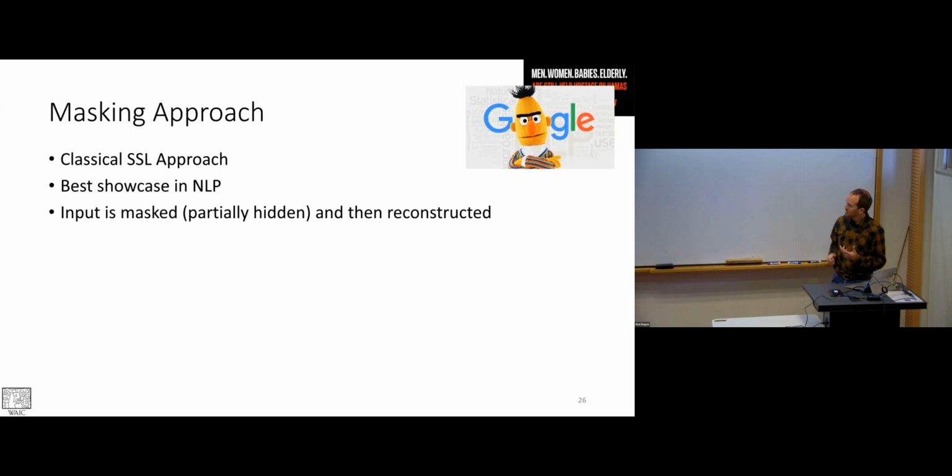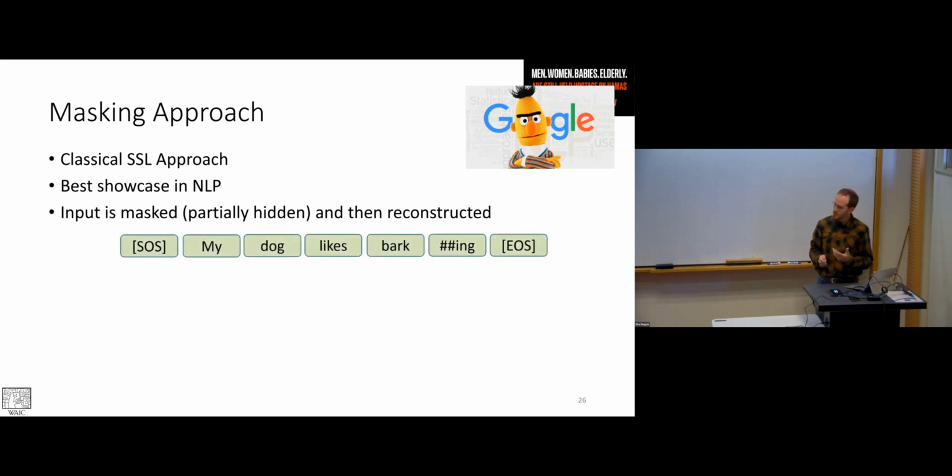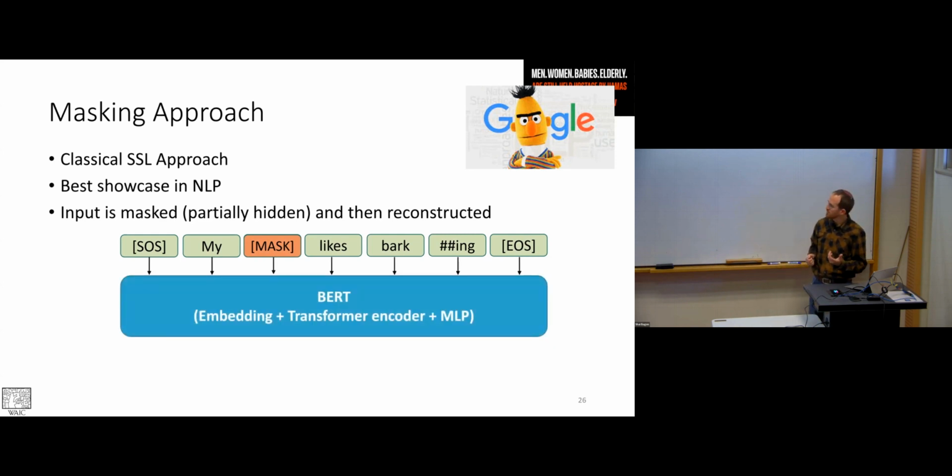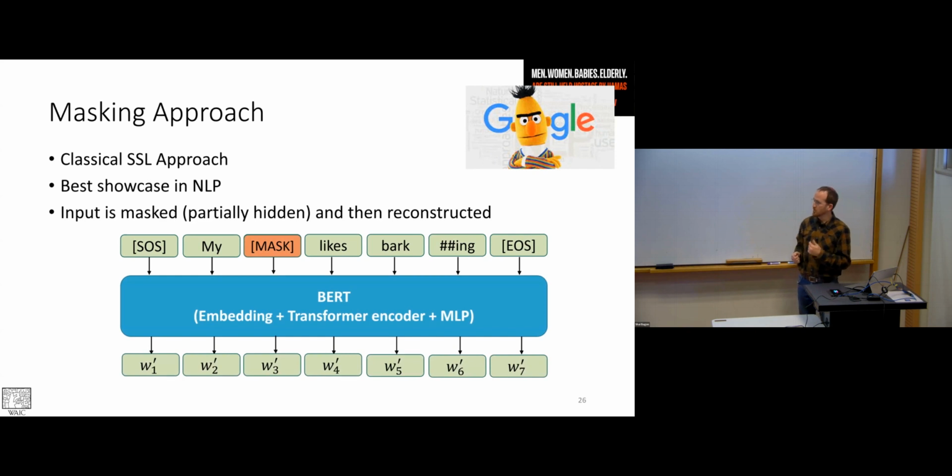What it does is take an input, a sentence, mask some part of it, and learn how to fill in the gaps. For instance, I have my dog likes barking. I mask some of the sentence, and then I learn a representation that at the end will enable me to predict the masked token. I don't need to provide any additional data or labels apart from the input data I already have.